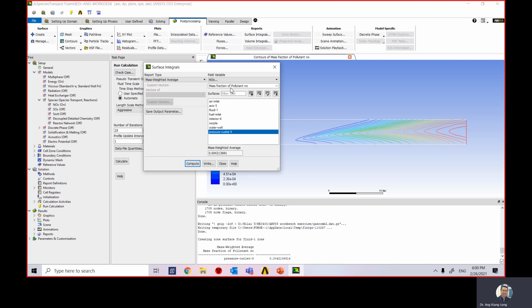This is our pollutant mass fraction at this one. 0.004% is your pollutant NOx here.